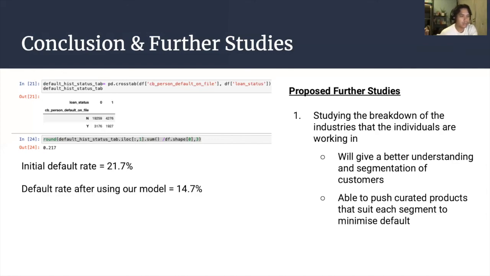This can help banks or lenders to segment their current customers and also future ones, and introduce policies or measures to reduce loan defaults and identify those who might be risky. This will also give them a better understanding of the customers, and being able to push out curated products that suit each segment to minimize default.